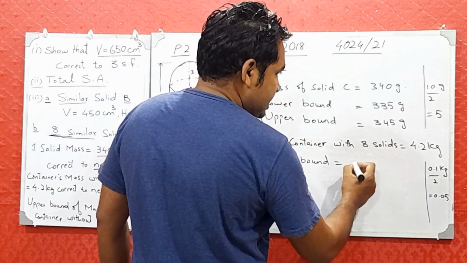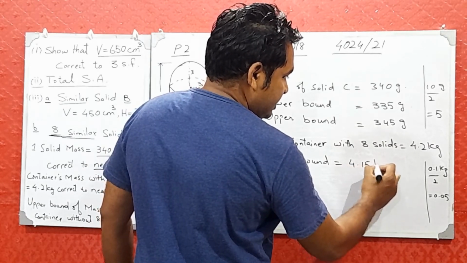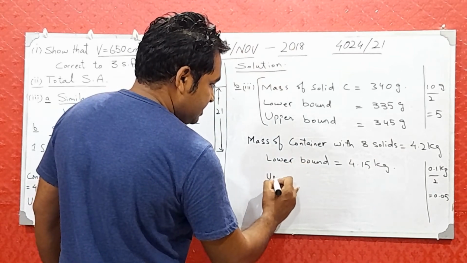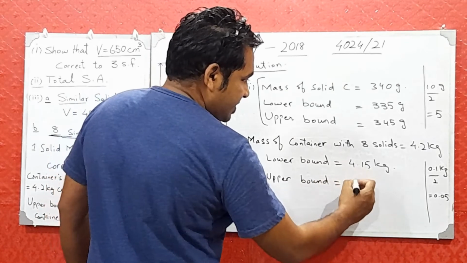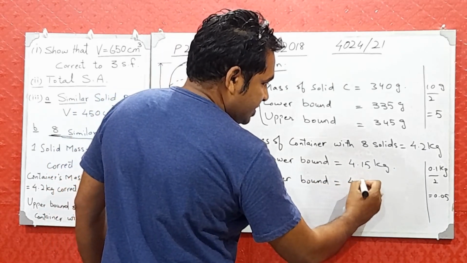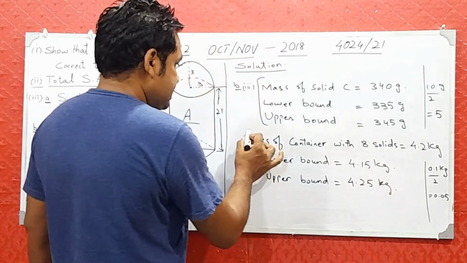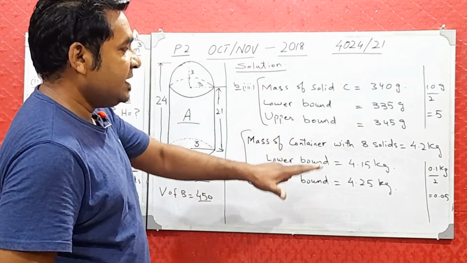So when you minus it, you will get 4.15 kilogram, and its upper bound will be 4.25 kg. So this is all about the mass of the container with 8 solids.